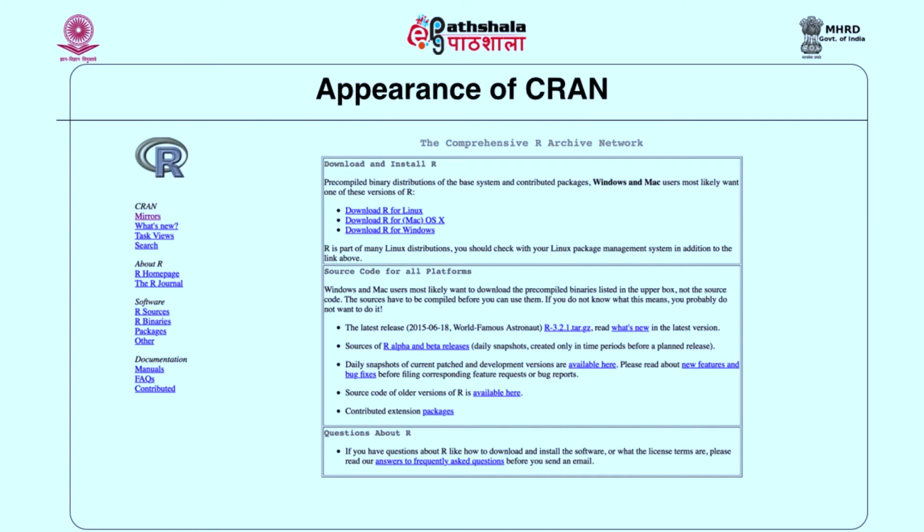For example, if you click on documentation, you will see that there are many different ways in which R has been documented. There are full-length books put up on this site that you can read to learn more about R, going beyond this lecture. This is only an introductory lecture, so you can learn a lot more by reading those books, and I strongly encourage that you read them.